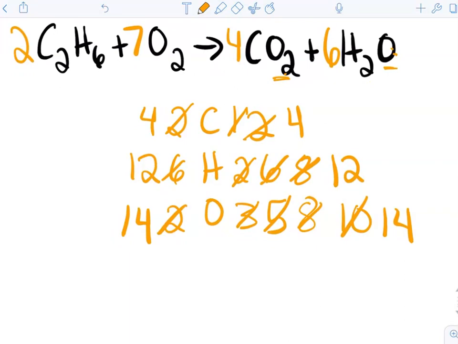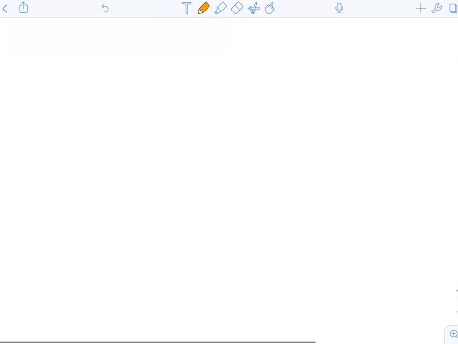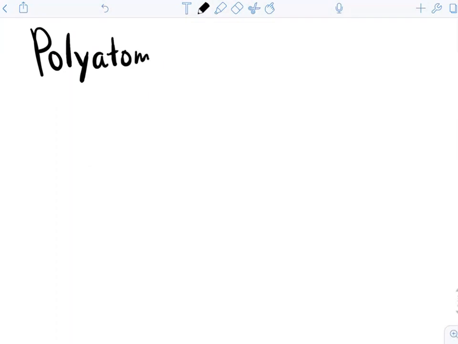Okay, and then the last thing that we need to talk about with these notes is what happens whenever you have polyatomic ions in reactions.